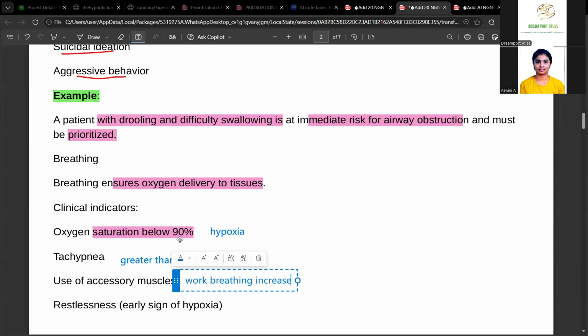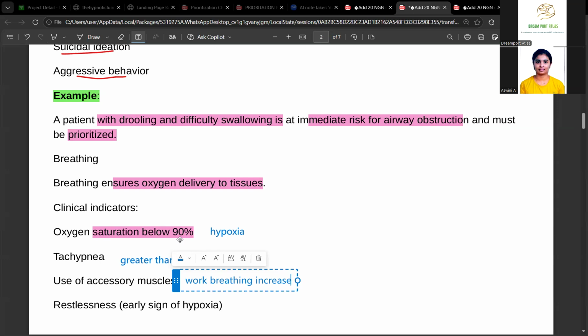What are the specific symptoms we need to focus on to assess airway and breathing in a given scenario? We can look at the breathing pattern and the vital signs, that means oxygen saturation and respiratory rate, and we can look whether the client is using any accessory muscles for respiration.